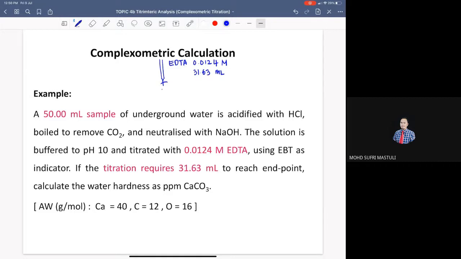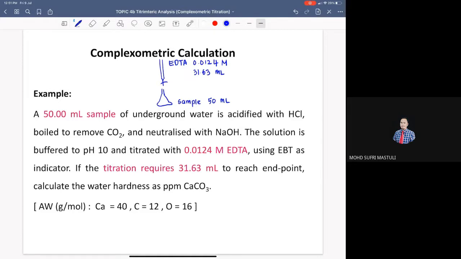So what is the analyte in the Erlenmeyer flask? The analyte is the 50 ml sample, acidified with hydrochloric acid and then neutralized with sodium hydroxide. That's the process.